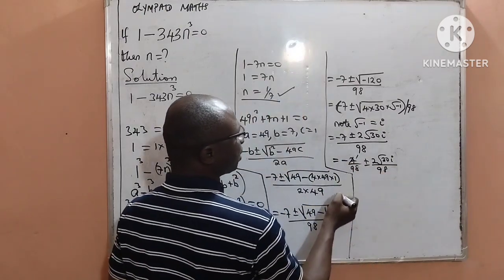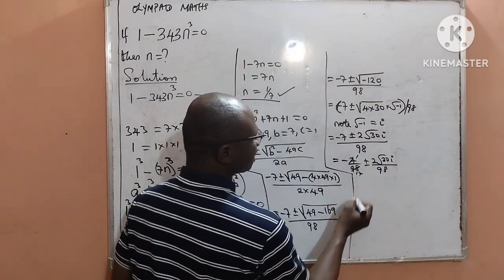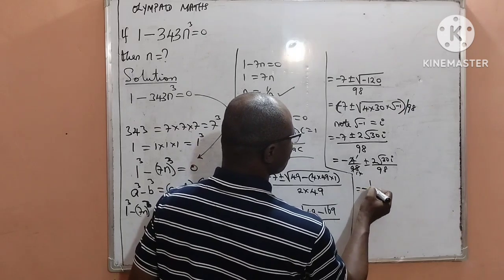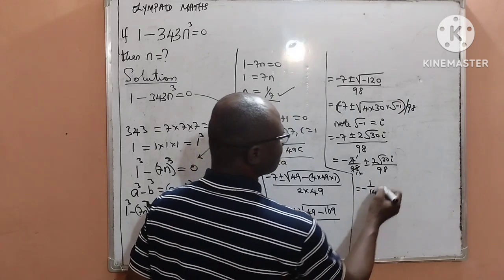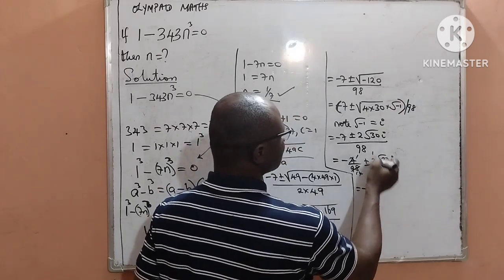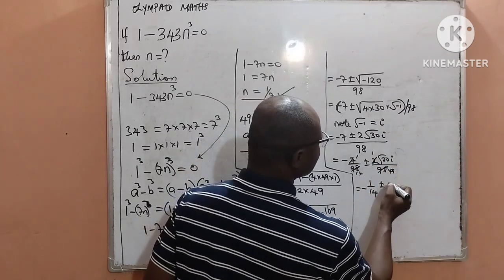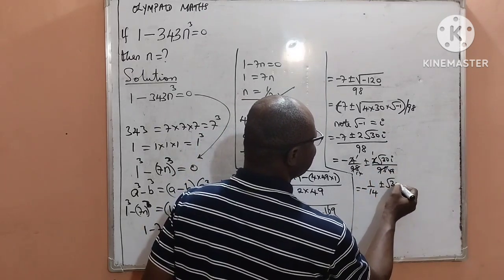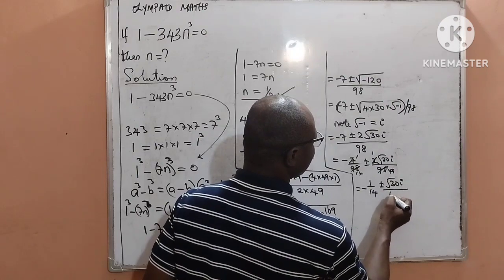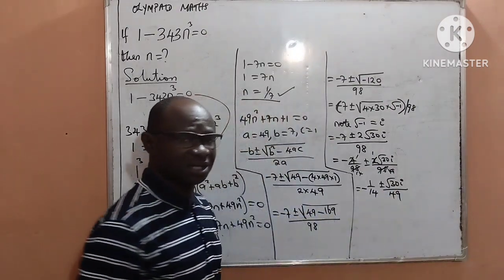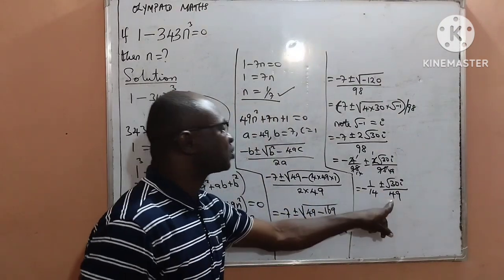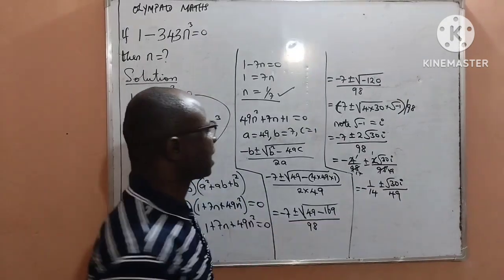So that 7 here is 1, 7 here is 14, and I have minus 1 all over 14 plus or minus, 2 here is 1, 2 here is 49, so I have square root of 30 i all over 49. These are the two values of n that are remaining.